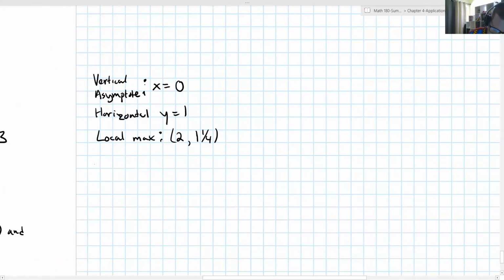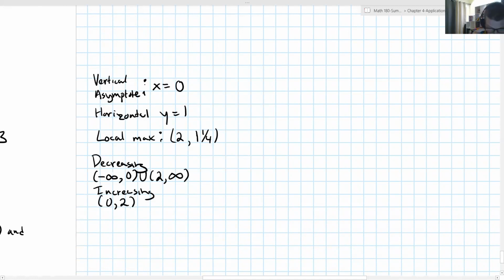Okay. We were decreasing from negative infinity to 0, union 2 to infinity, increasing from 0 to 2, right? Inflection point at x equal to 3, okay?